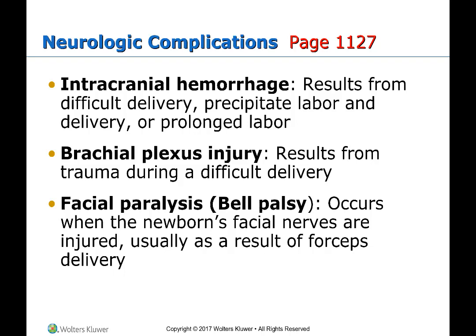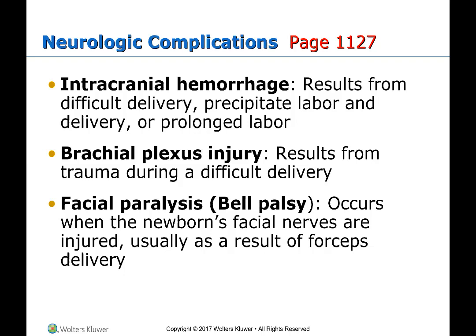What would make us think that that might be what they have? So it says usually only one side of the face is affected, and the eyelid and mouth may droop on that side. So half the face, one eye, one side of the mouth.